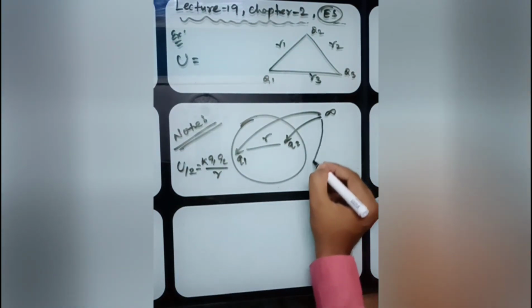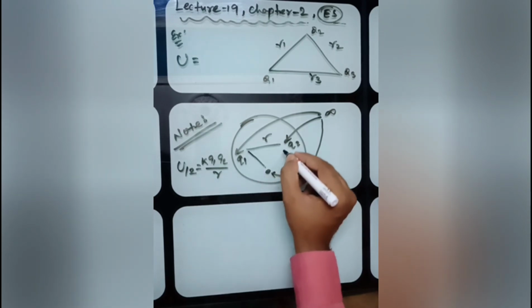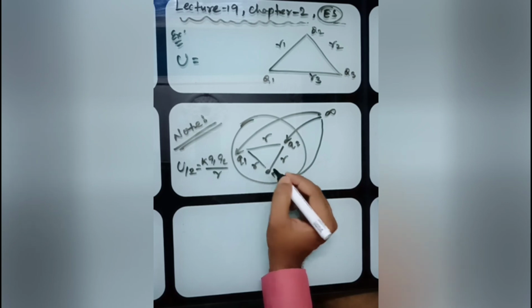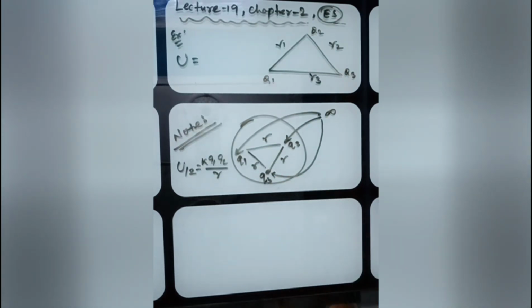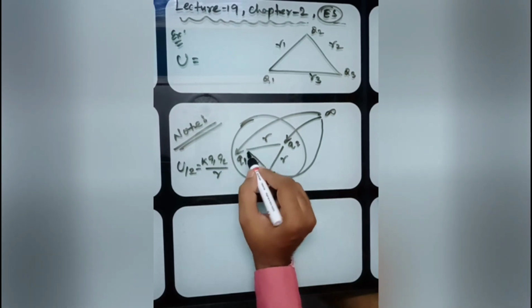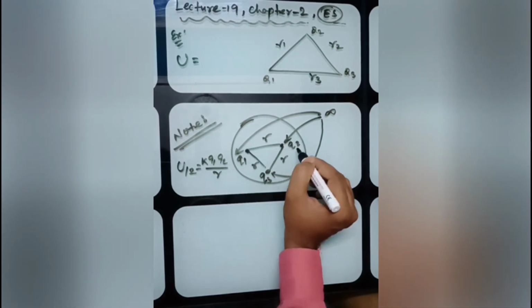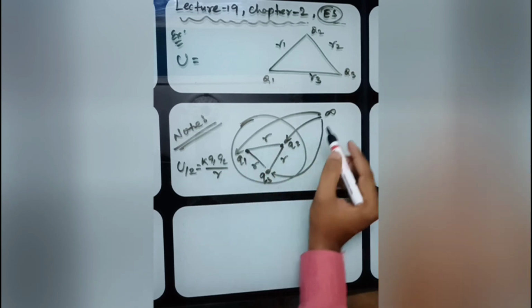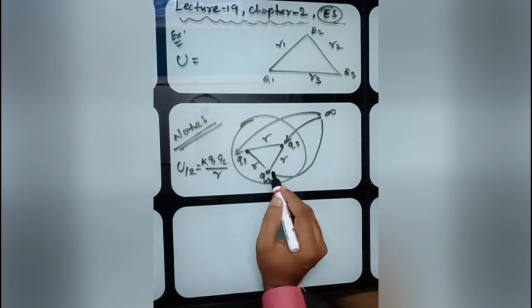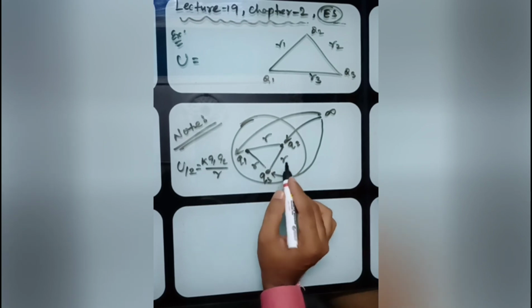Now again, suppose another charge, Q3, is brought to this point, separated by the same distance R and R. Then what will be the amount of work done? As Q1 was present, there was potential. As Q2 is brought, Q2 has to do the work against the field of Q1. But as Q3 is brought, it has to do the work against the field of Q1 and Q2 both.